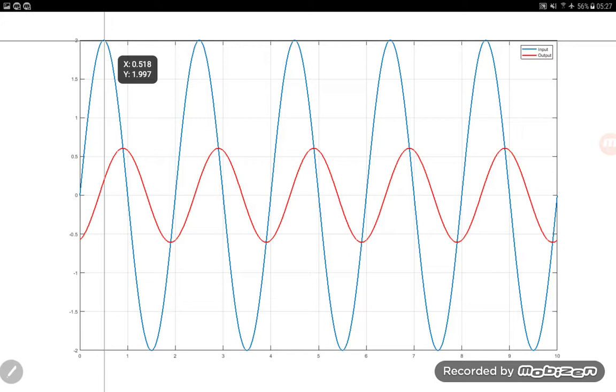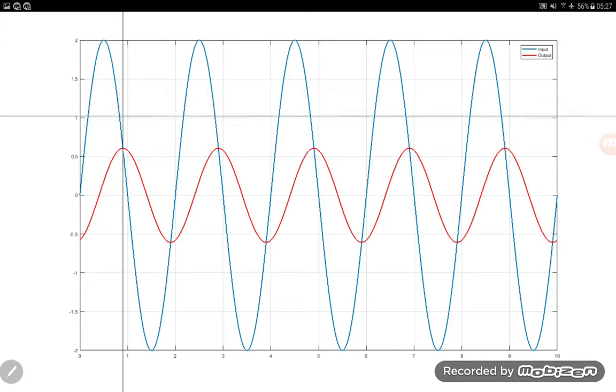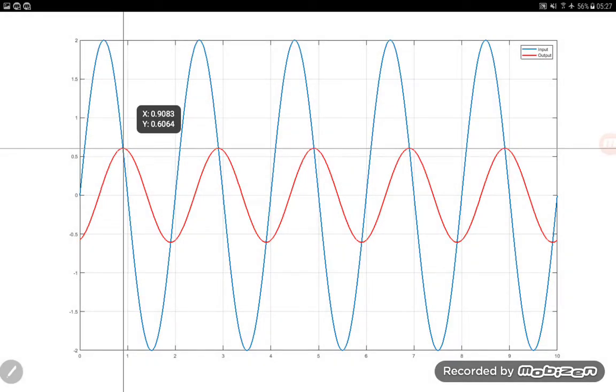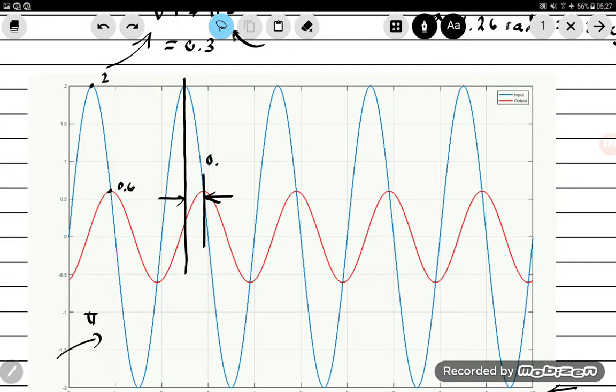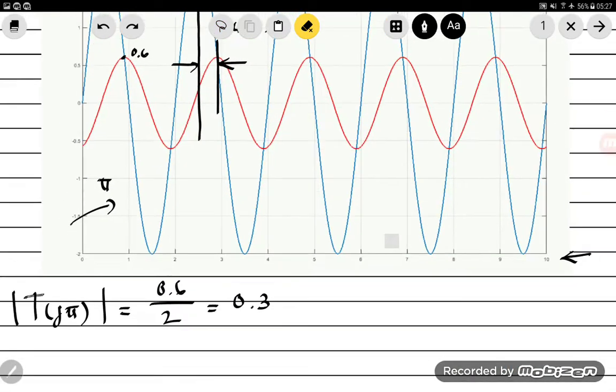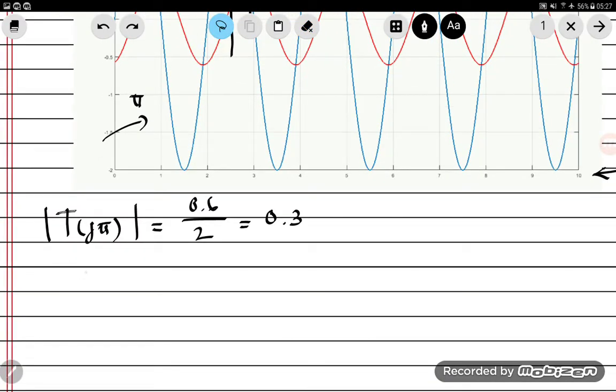So that is about 0.518 and 0.9. So the time difference is about 0.41 seconds. And we can work out the phase difference in radians using this equation, omega t.